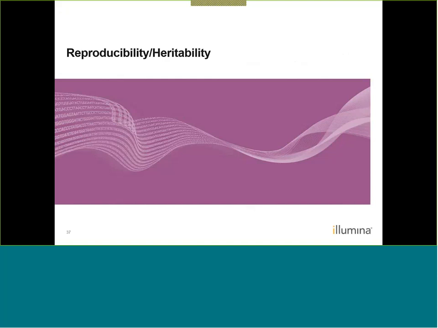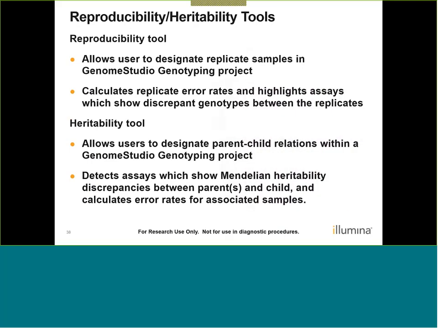Moving on, let's look at the reproducibility and heritability tools in GenomeStudio. So, the reproducibility tool allows you to designate replicate samples in the GenomeStudio Genotyping project. It calculates replicate error rates and highlights assays which show discrepant genotypes between the replicates.